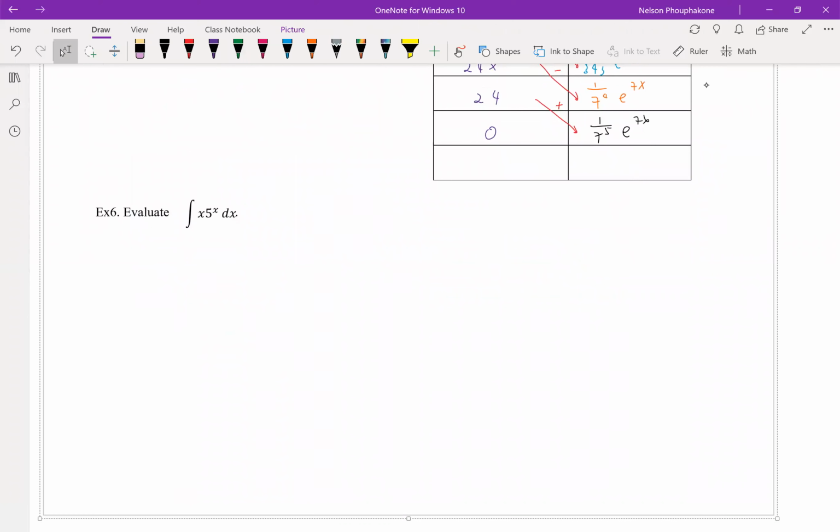Okay, so then now the next problem is actually what if I have x times 5 to the x now, okay? So to this one right here, of course I will let u is equal to x and dv is equal to 5 to the x dx, okay? Now one thing about this is, remember when we try to take the derivative, okay?